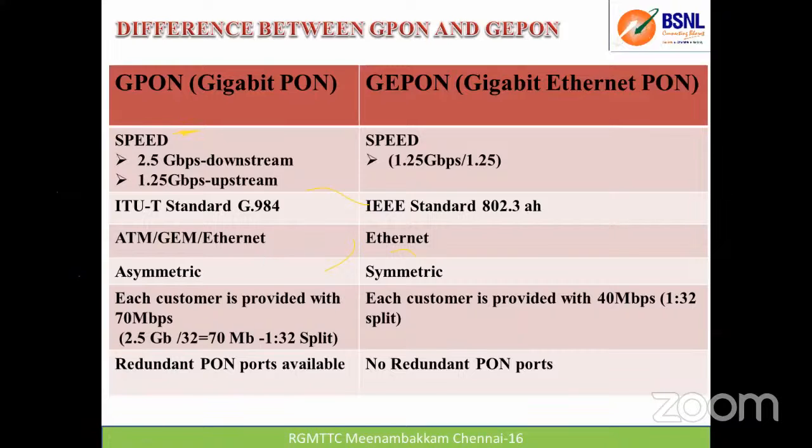They act as hot backups for each other. Hot backup means if one PON port fails, the other port instantly takes over as the active port. But in the case of GEPON, there are no redundant PON ports available.